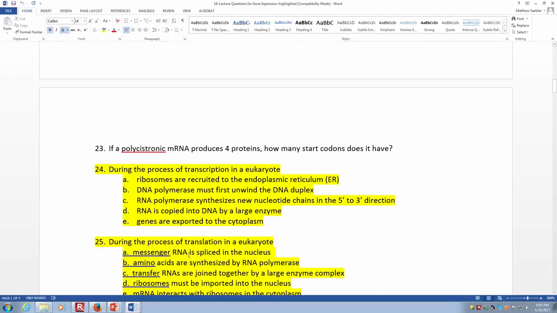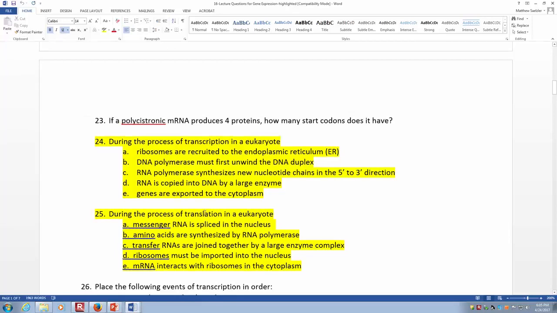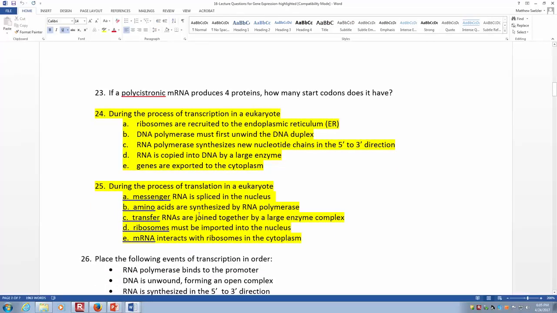Number 24. These questions are kind of tricky because they are taken from your textbook, and they mix up things that happen during transcription and translation in the answers.